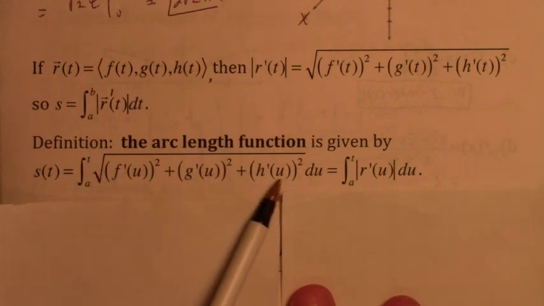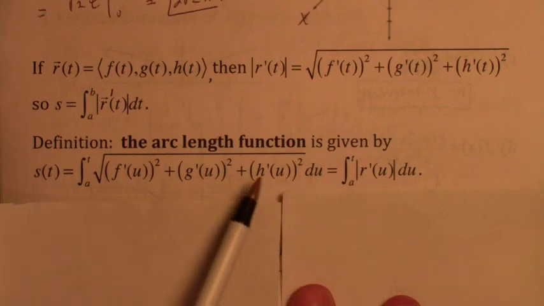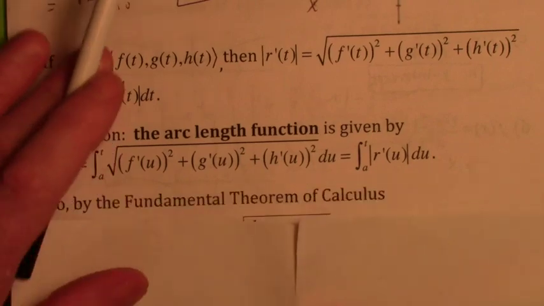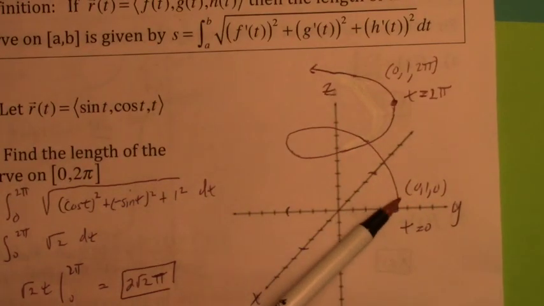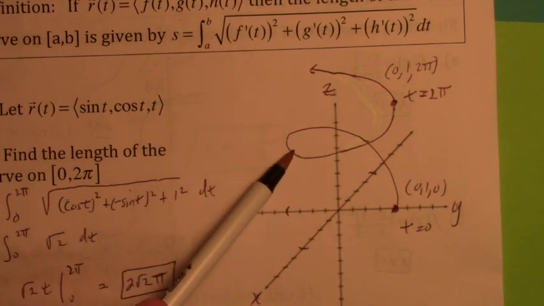But this could also be written as the integral of the magnitude of r prime of u. Isn't that what we just said? So the arc length function, think of it like this: you start at some point a, and you move along the curve to some t value, and it tells you the length of the curve that you traveled so far. It's the distance you've traveled, isn't it?